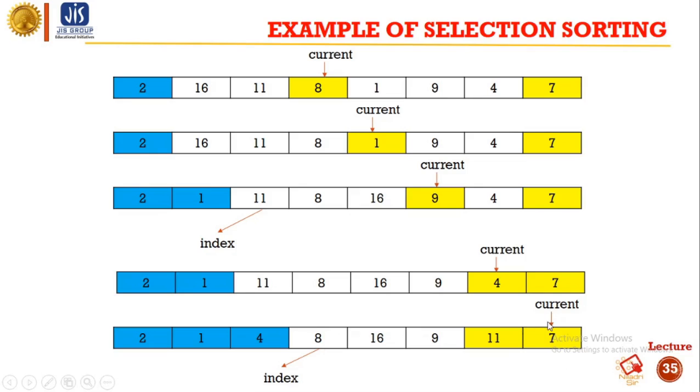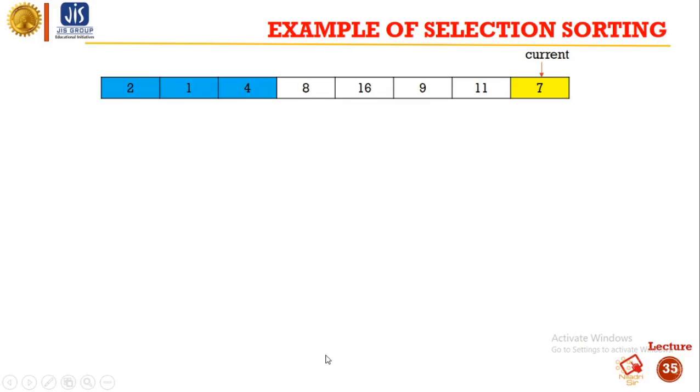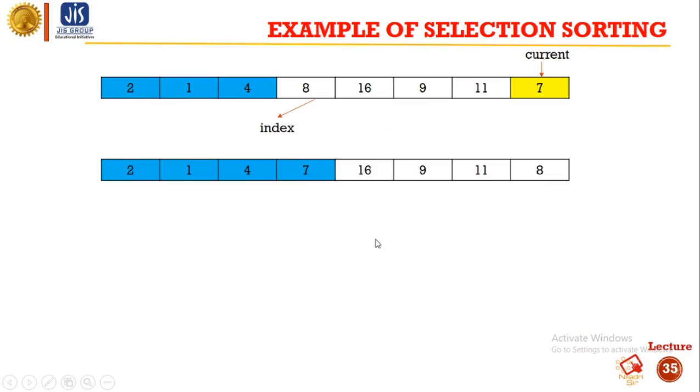Because 7 was the pivot element and now 7 is the current element, so this 7 will come to the index position. As you can see, 7 has come to this index position. So this was the example of selection sorting.